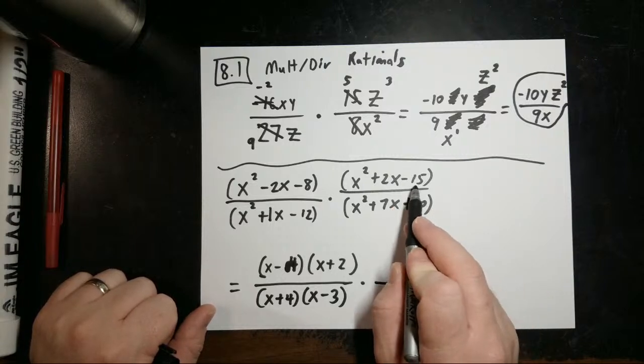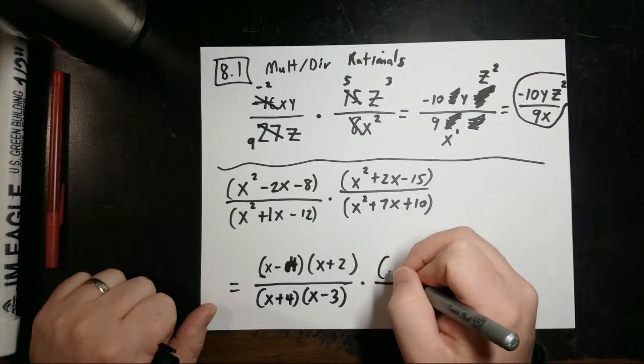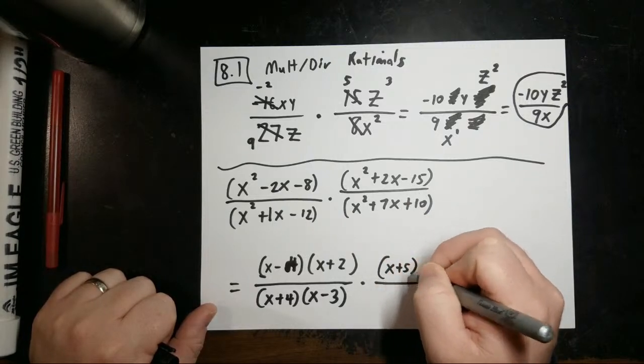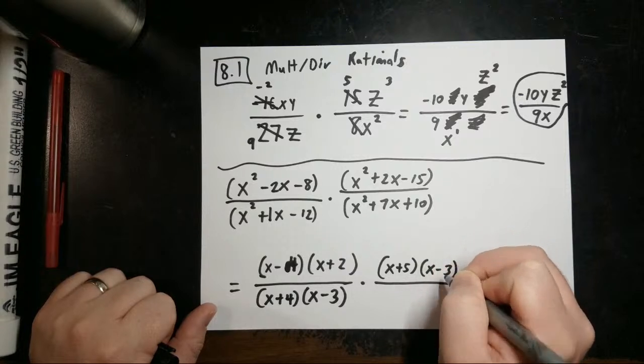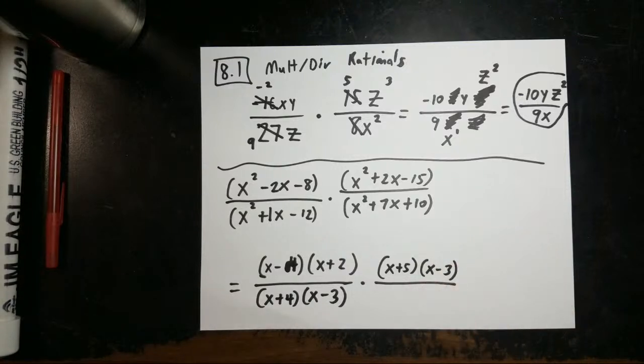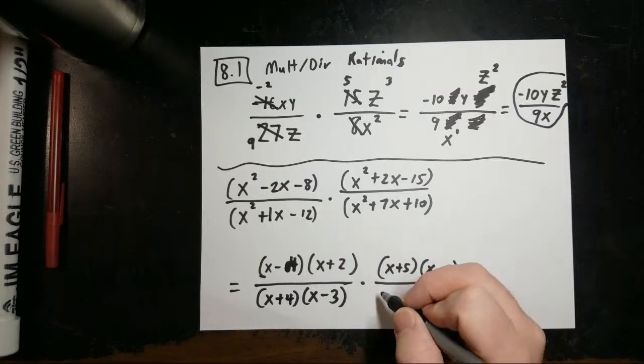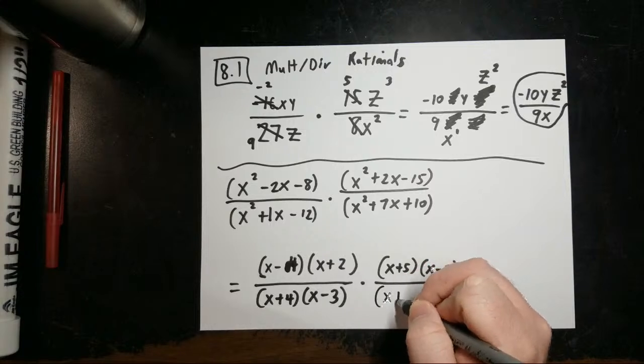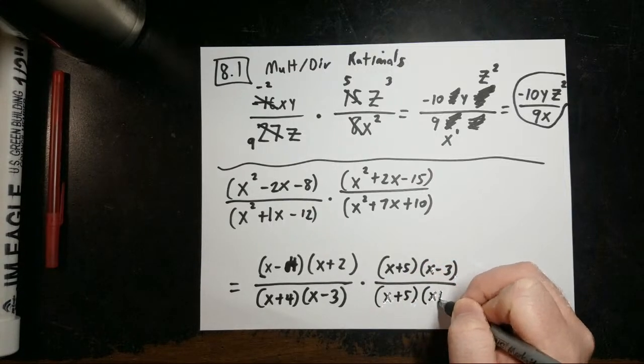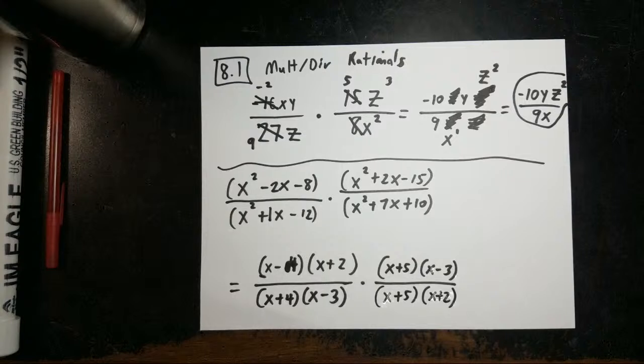In the top right, I'm looking at something like +5 and -3. At this point, yes, you do see something that cancels out. I'll deal with that in a moment. Let's just deal with the bottom right. The bottom right, I'm looking at +5 and +2. Multiply to 10, add up to 7.